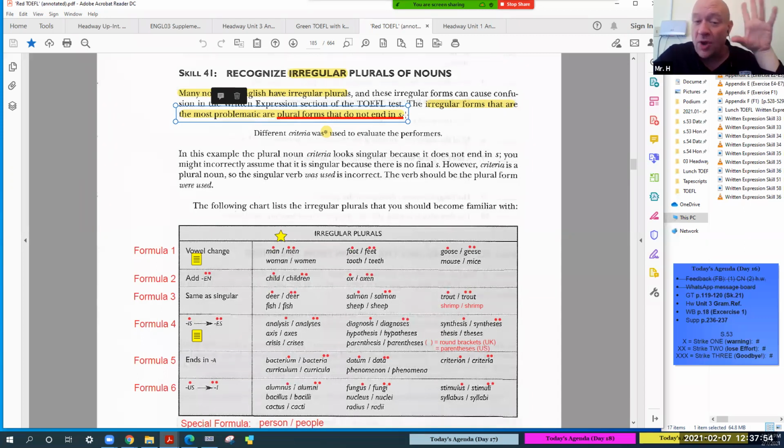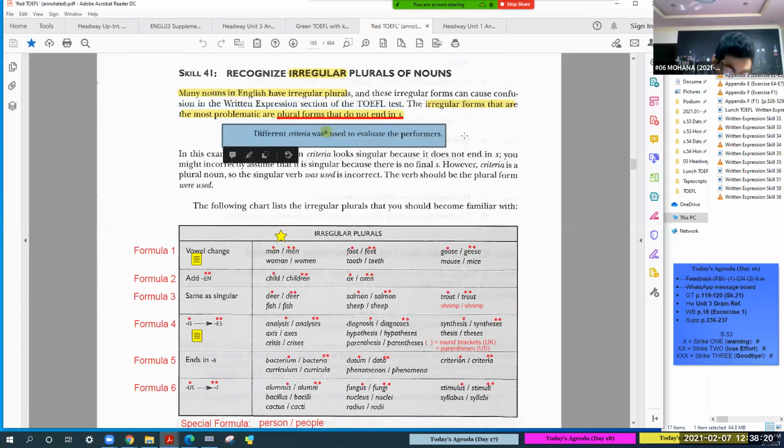This is why you have to learn the special cases. Before you learn the special case, you must understand the basic rule. After you understand the basic rule, then you study all of the special cases. Do you understand?